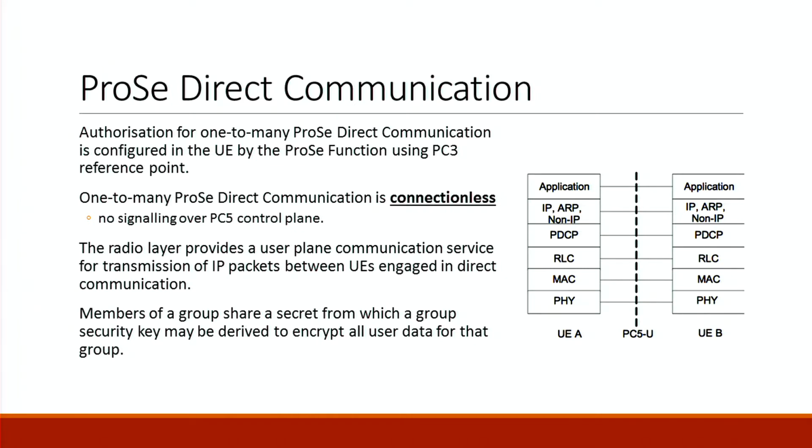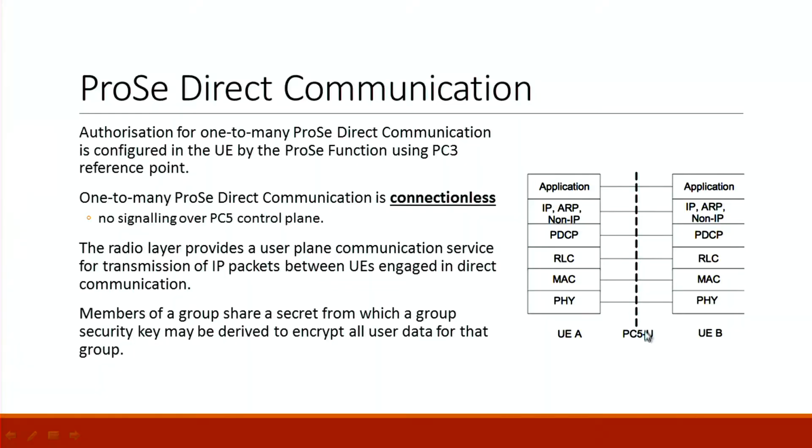D2D communication uses the same LTE stack. So that you see here, the PC5-U. PC5-U means PC5, so D2D, but for communication. You have application, you have the IP layer, and then you have the same PDCP, RLC, MAC layer, physical layer.